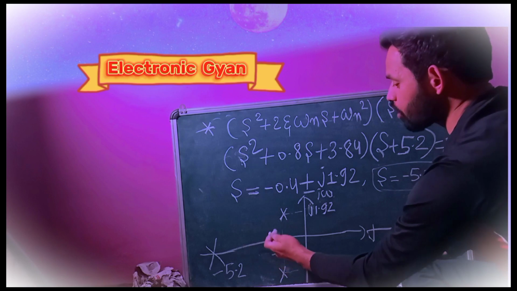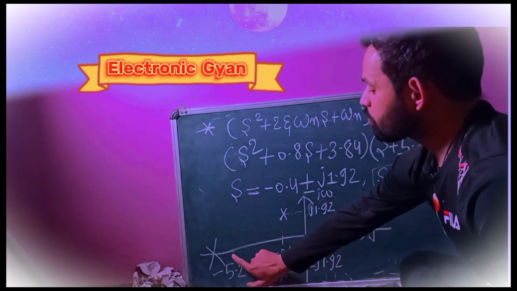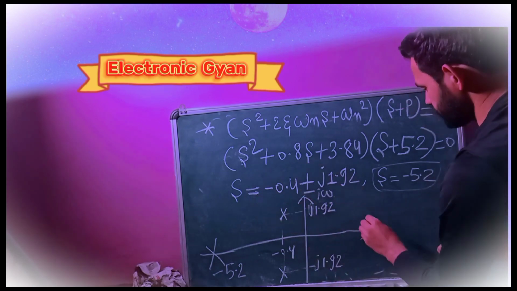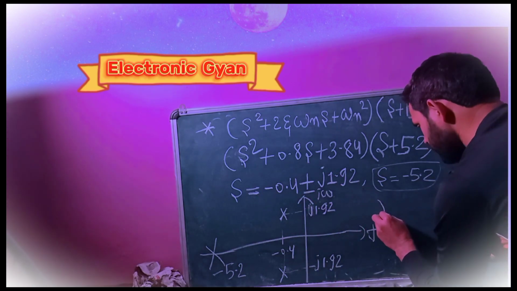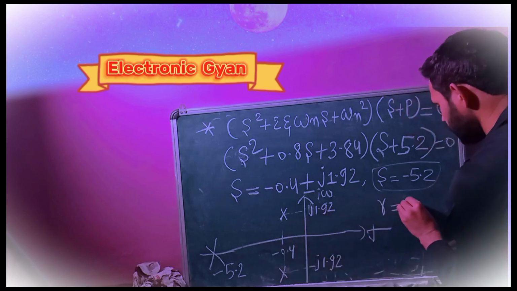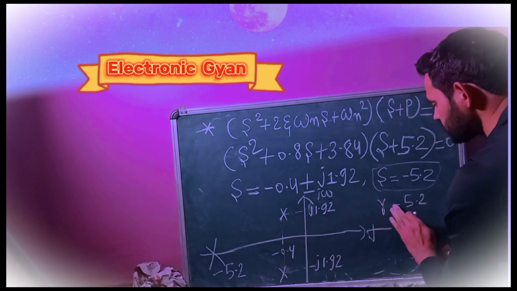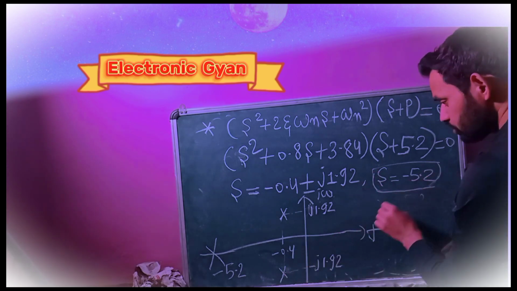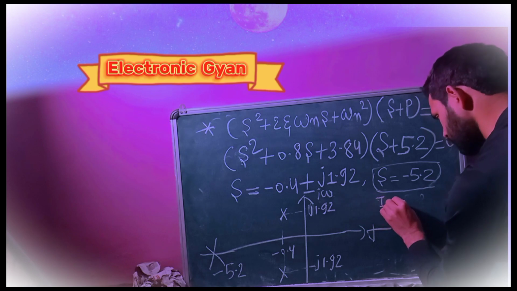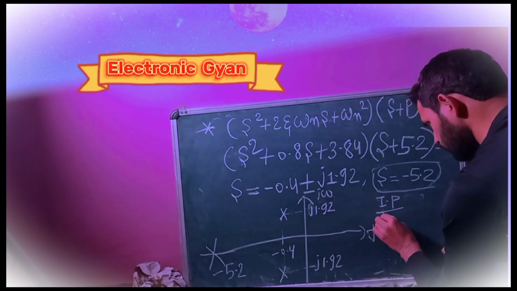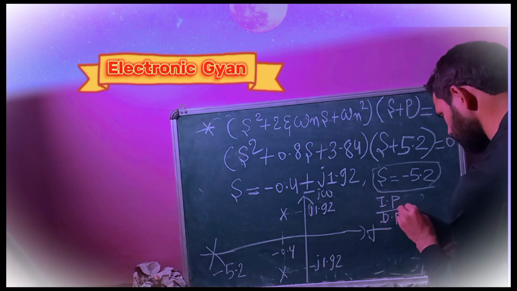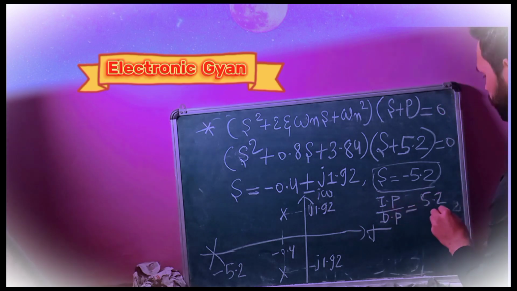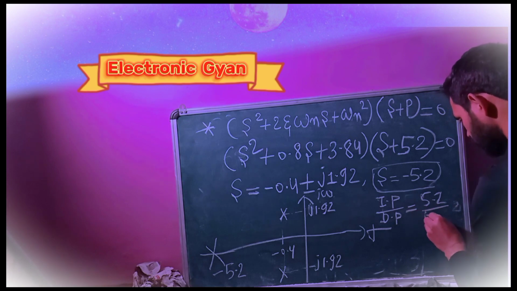Now you see how far away this is from the dominant pole. So what is that ratio, between the dominant pole and the insignificant pole? Insignificant pole IP divided by dominant pole DP is 5.2 divided by 0.4.